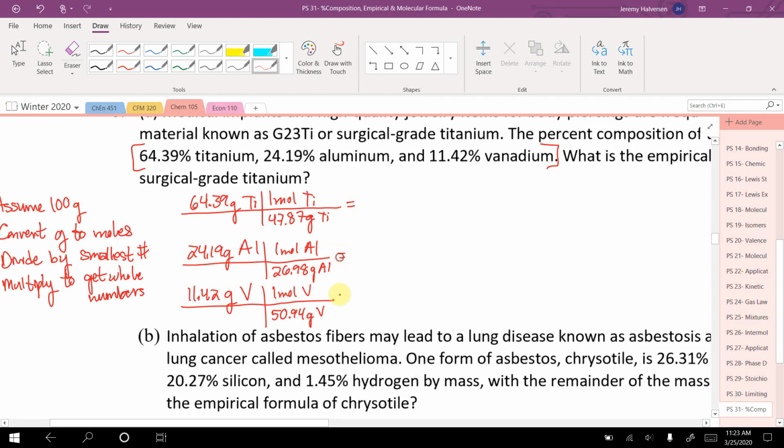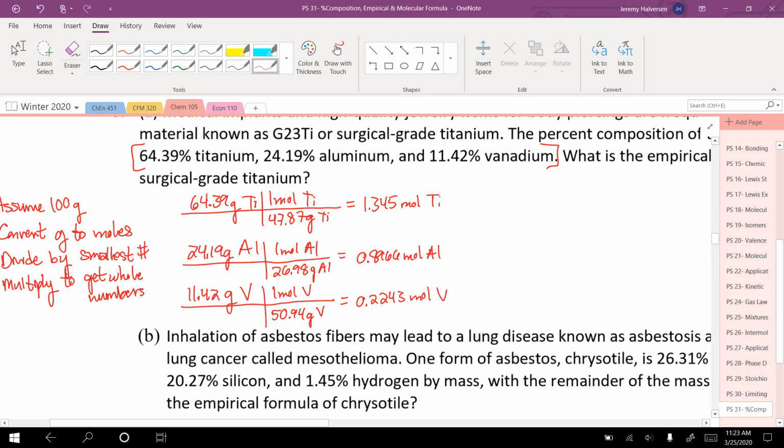Okay, so if I get all those into moles, I get 1.345 moles titanium. I get 0.8966 moles of aluminum, and I get 0.2243 moles of vanadium.